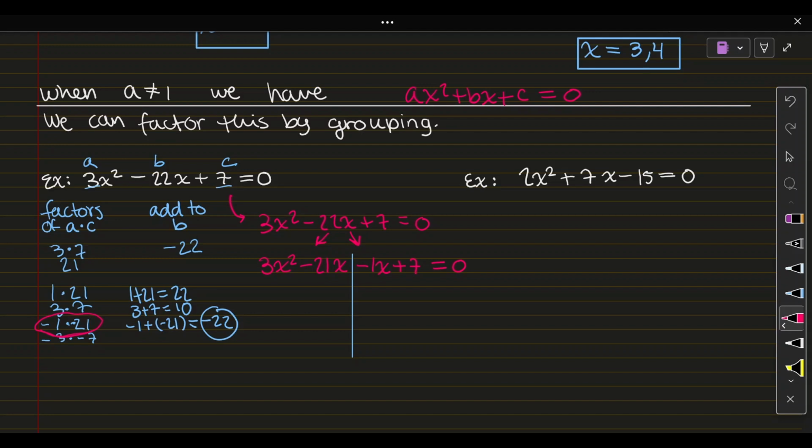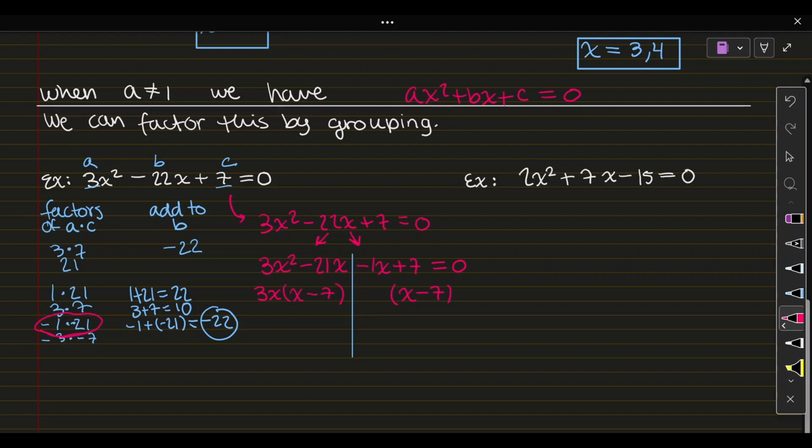I'm going to factor just this side here, and I notice that I can factor out a 3x. If I factor out 3x, I'm left with x from 3x squared, and 21 divided by 3 is -7, and then I take out the x. Now I want to make this x plus -1x plus 7.